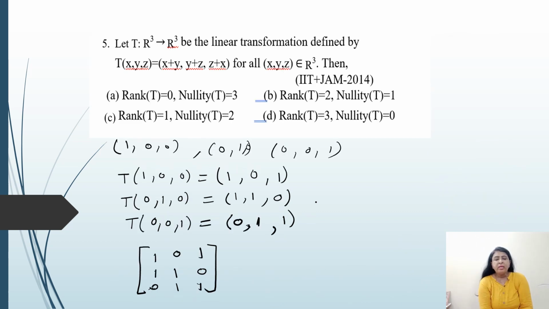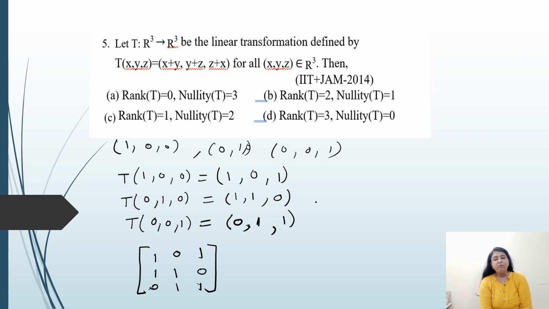Now, T is the linear transformation from R³ to R³, and T(x, y, z) is given by (x + y, y + z, z + x) for all (x, y, z) belonging to R³. Then you have to verify one of the options. This question was asked at IIT JAM in 2014. As R³ is there, the basis of R³ is (1,0,0), (0,1,0), (0,0,1).